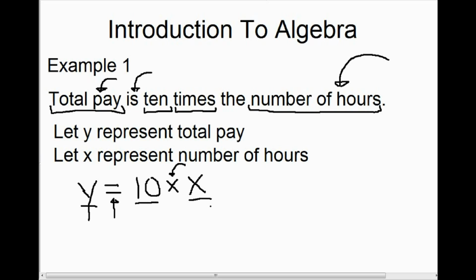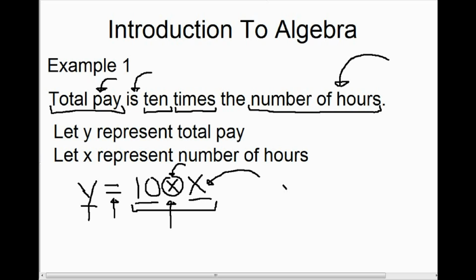Now if you look at this math sentence, right away you probably recognize that this part looks a little bit confusing because we've used this symbol for times, which we usually do. Usually when we write multiplication, we write an x. We've also used the letter x as a variable. Because the letter x is very often used as a variable in algebra, we try to avoid using this symbol for multiplication.